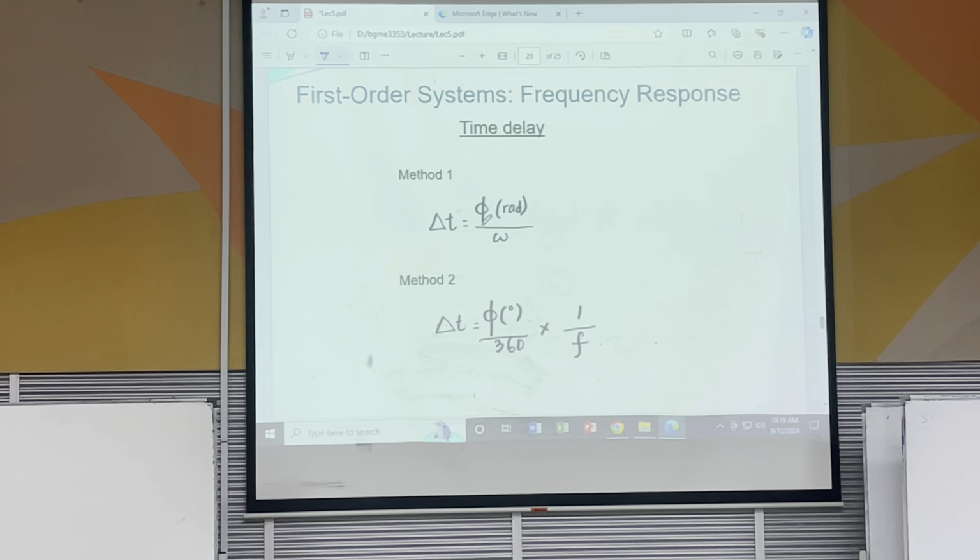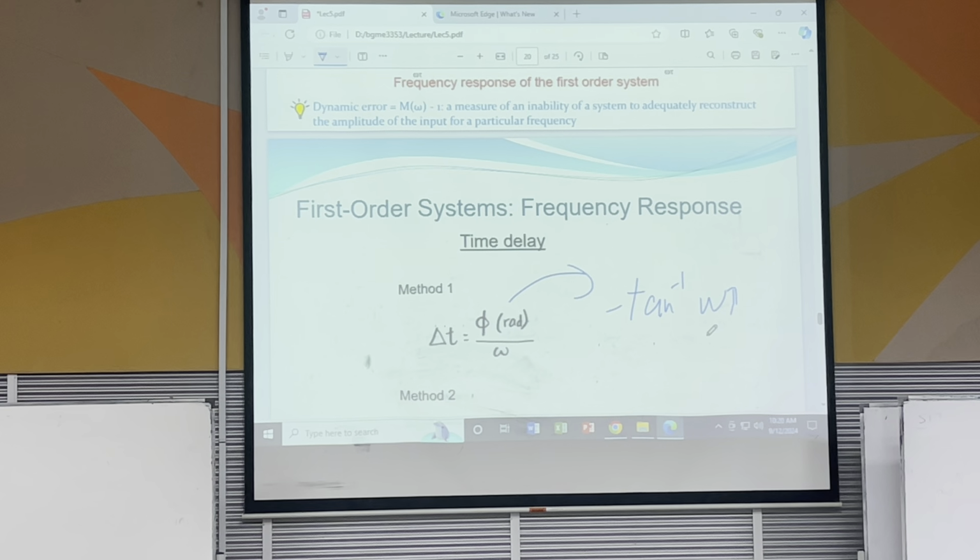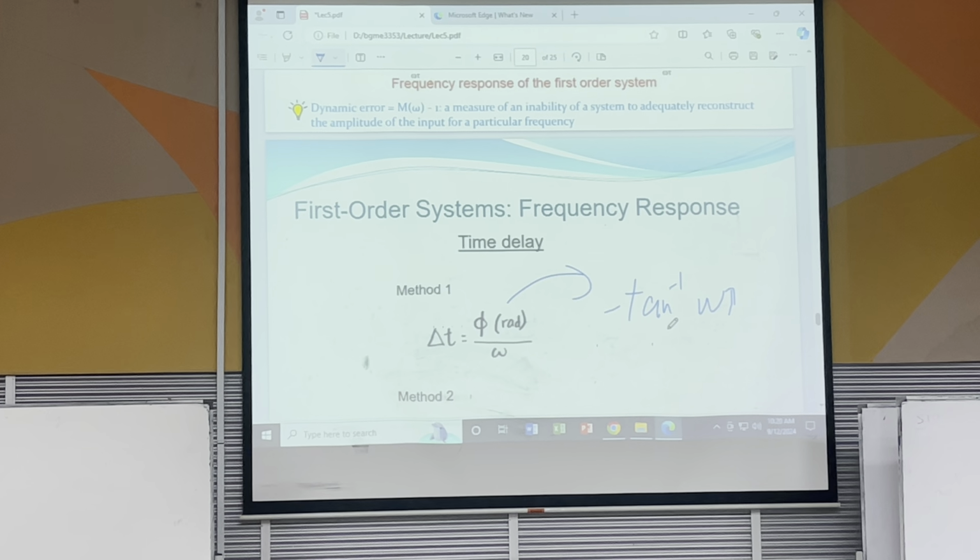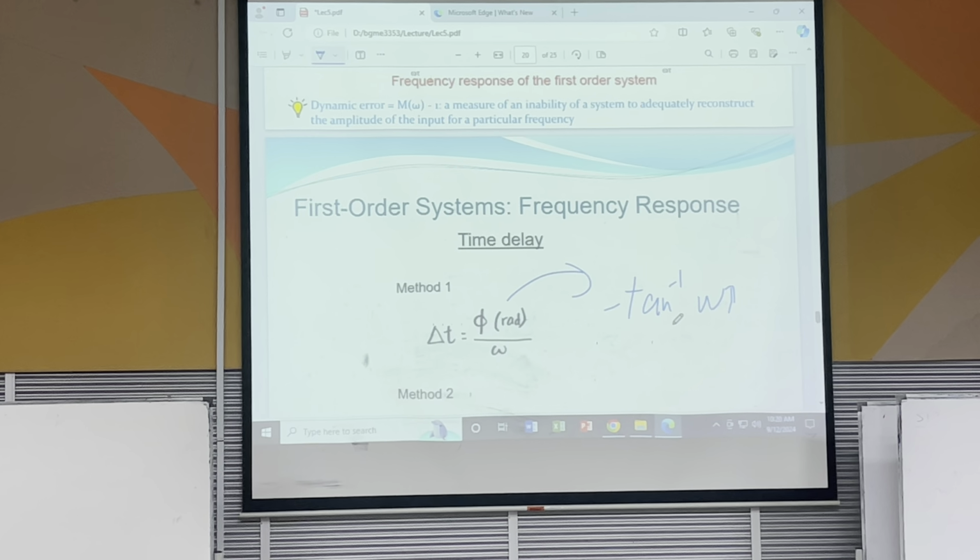If you set your calculator in radian mode or degree mode, you will get a different value for the phase shift. So in method 1, you set your calculator in radian mode, so you get your phase shift in radian form, and then divide by omega.